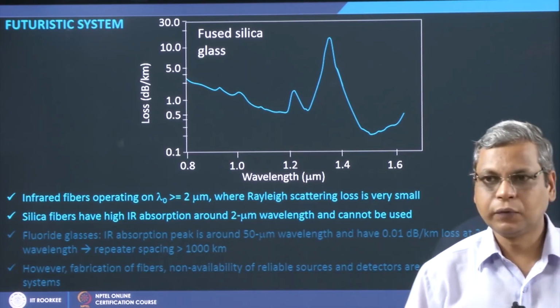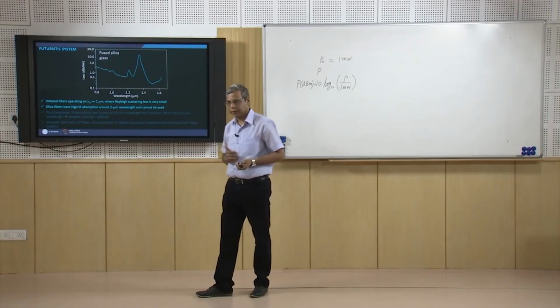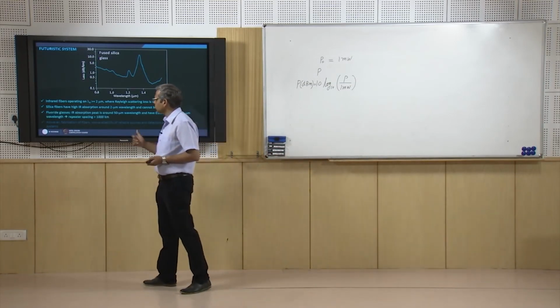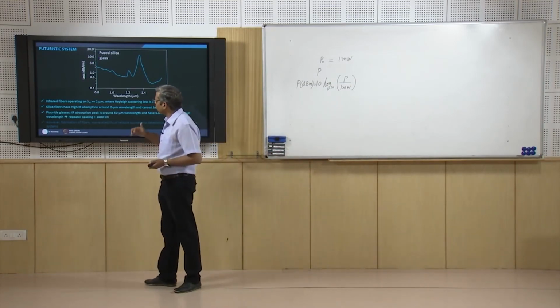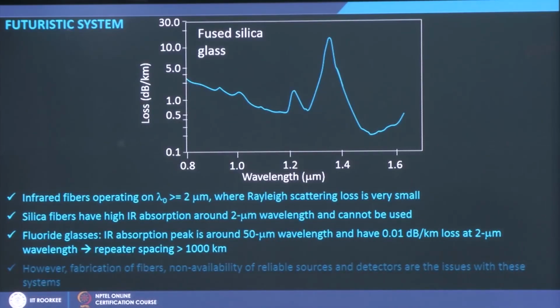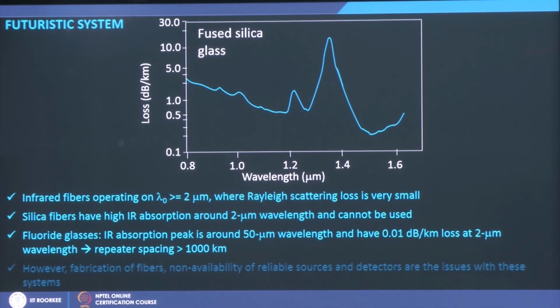We will have to look for other materials where the infrared absorption is much smaller. One option is fluoride glasses, where the infrared absorption peak is at around 50 micrometer wavelength, and at 2 micron wavelength the infrared absorption loss is 0.01 dB per kilometer.